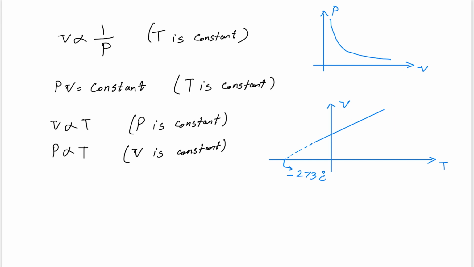And if we look at these relations, they make sense. Why? When we increase the volume for a fixed amount of gas, the temperature will also increase, because when you increase the volume, you are making much more space for the molecules of gas to move around, vibrate, go around.